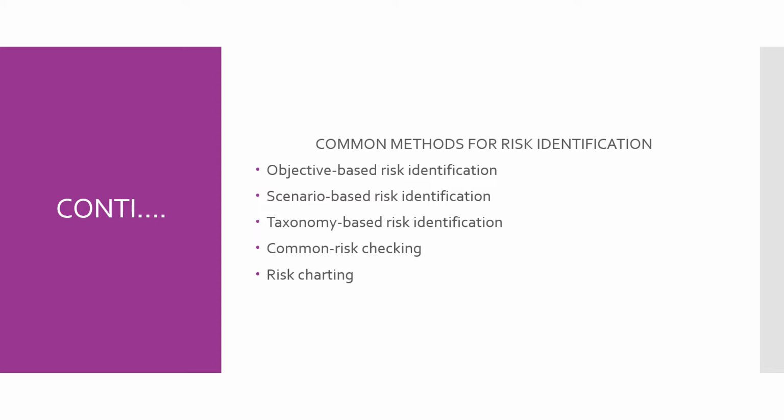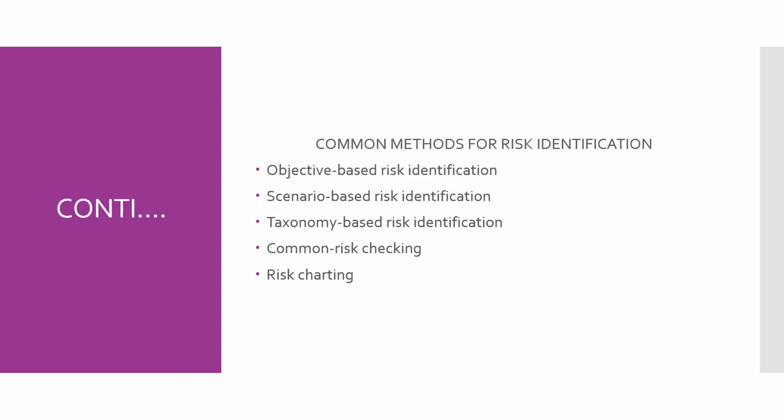The last method of risk identification is risk charting. Here three concepts are used interchangeably to identify the risk: resources, threats and consequences. In one case, they begin with resources, consider the threats these resources are exposed to, and identify the consequences of each.